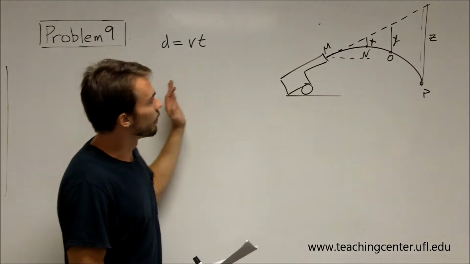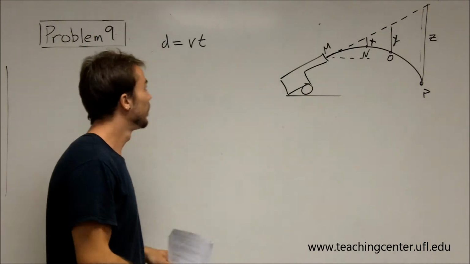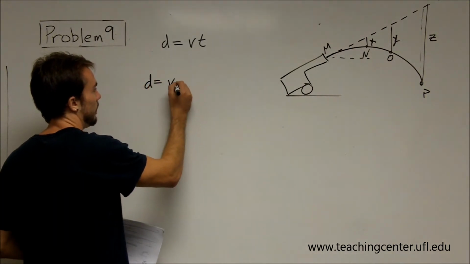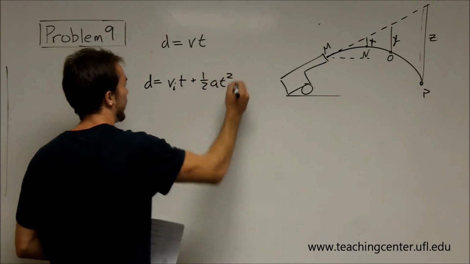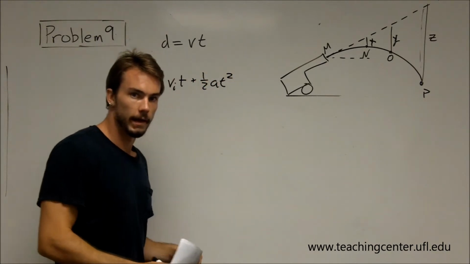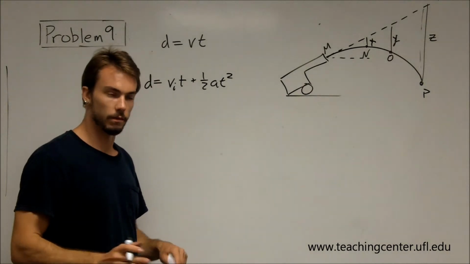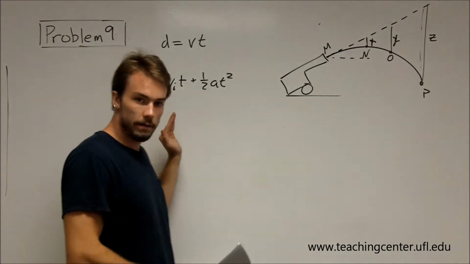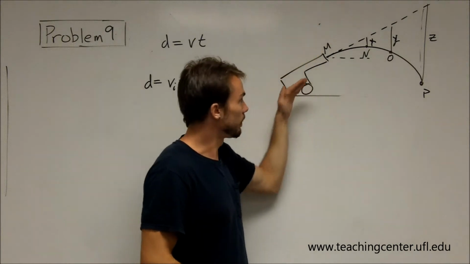Now, if we were to figure out our vertical displacement with an acceleration, then we'd say d is equal to v_i t plus 1/2 a t squared. I'm going to put a negative in here just to prove a point. For this particular problem, our initial velocity in the y direction is vertical, since the velocity is upwards and to the right.